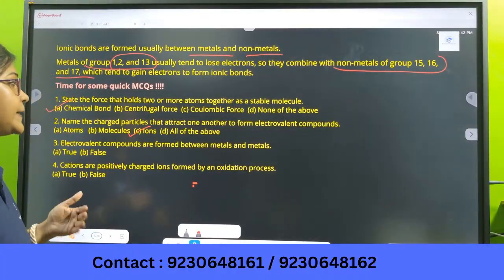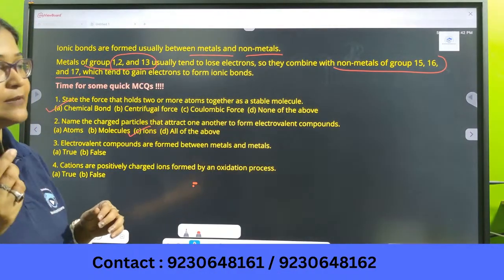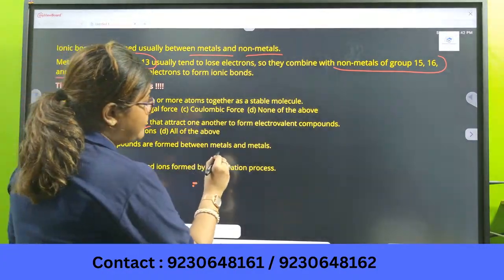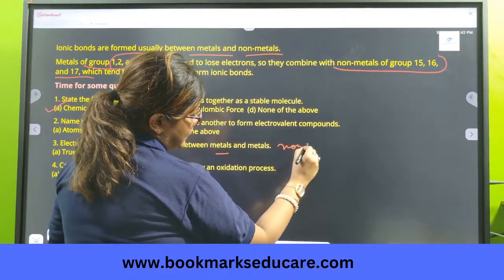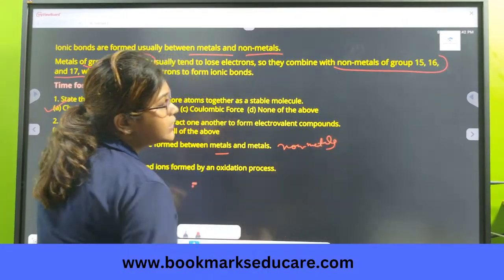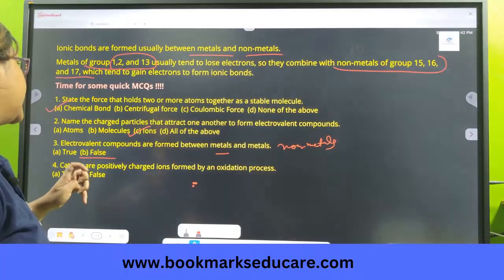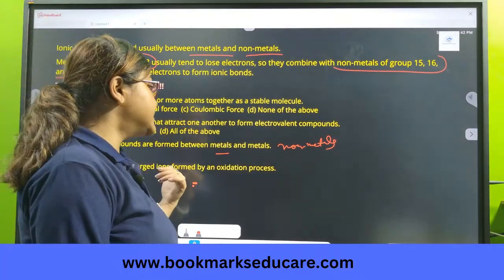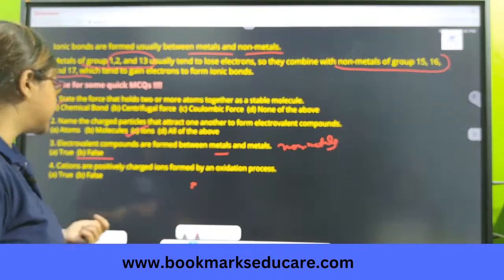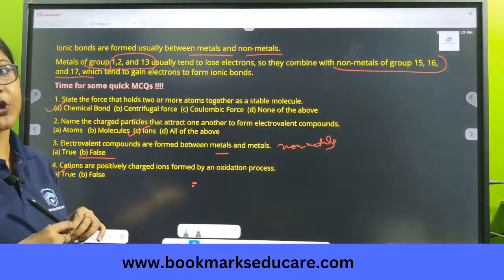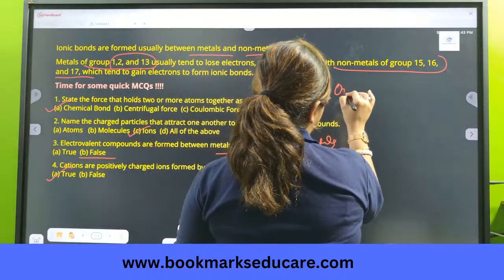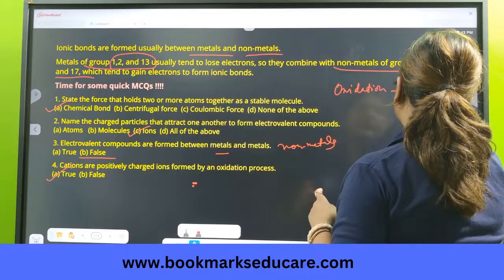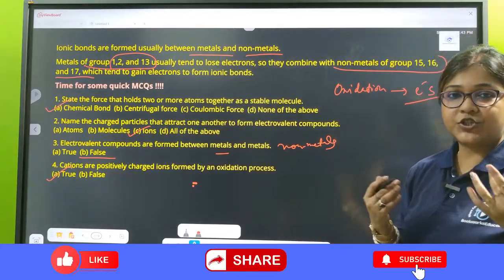Now, electrovalent compounds are formed between metals and metals. No, absolutely false, because it is formed between metals and non-metals due to the transfer of electrons. Next question: cations are positively charged ions formed by oxidation process. This is absolutely true, because oxidation is a process where electrons are lost.